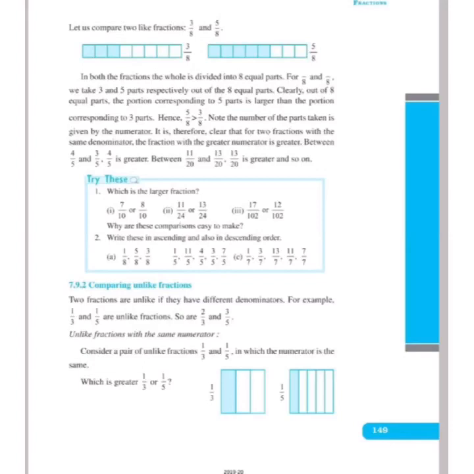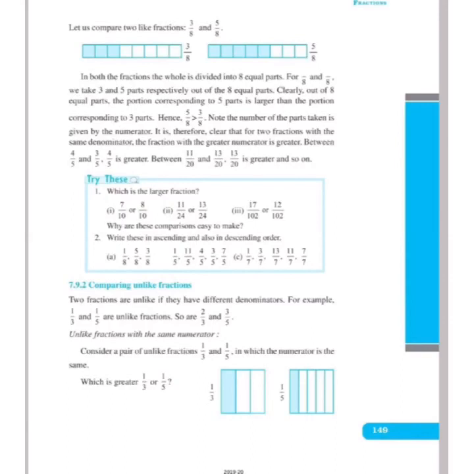That means numerators will be compared here. From 3 and 5, which one is greater? Yes, 5 is greater. So 5 by 8 is greater than 3 by 8. Therefore, it is clear that for two fractions with the same denominator, the fraction with the greater numerator is greater.